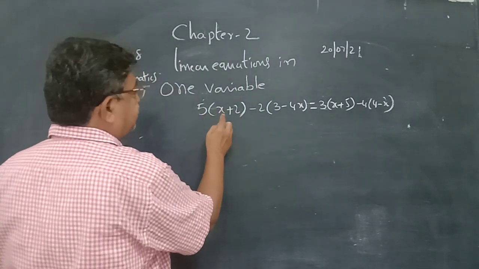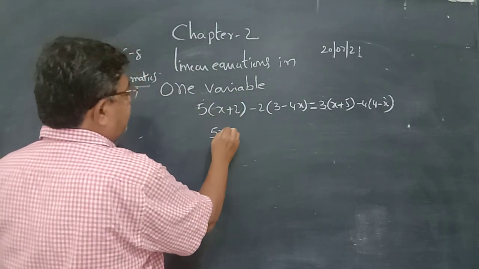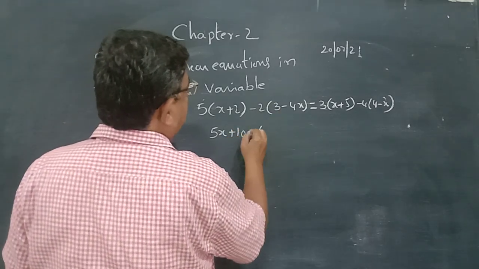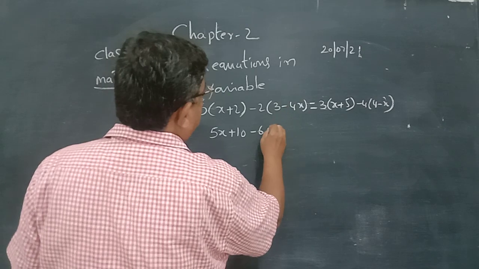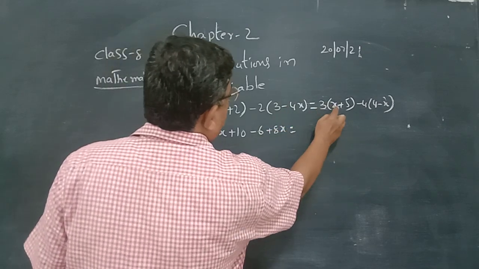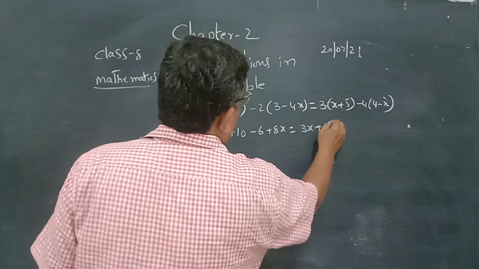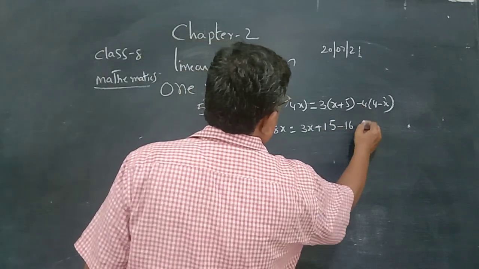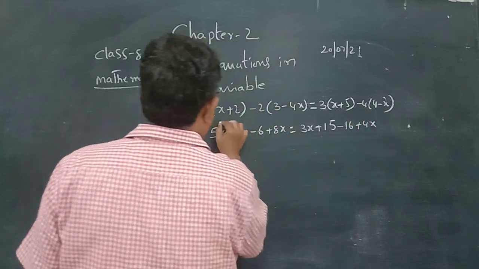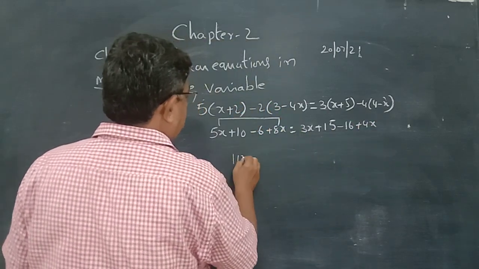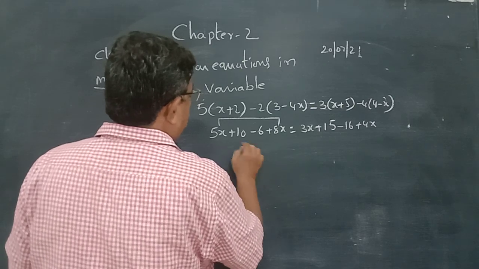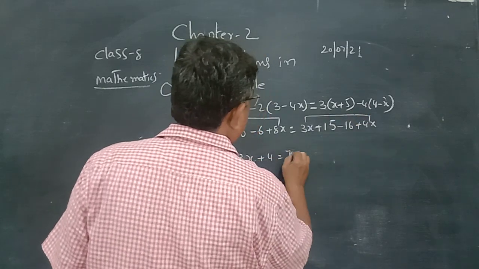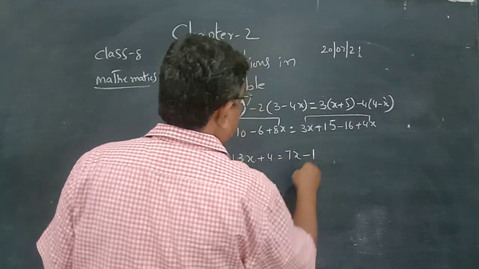Same process. First step as it is: 5 into x, 5x, 5 into 2, 10, minus 2 into 3, minus 6, minus 2 into minus 4, plus 8x. 3 into x, 3x, 3 into 5, 15, minus 4 into 4, minus 16, minus 4 into minus x, plus 4x. 5x plus 8x, 13x, plus 10 minus 6, plus 4. 3x plus 4x, 7x, plus 15 minus 16, minus 1.